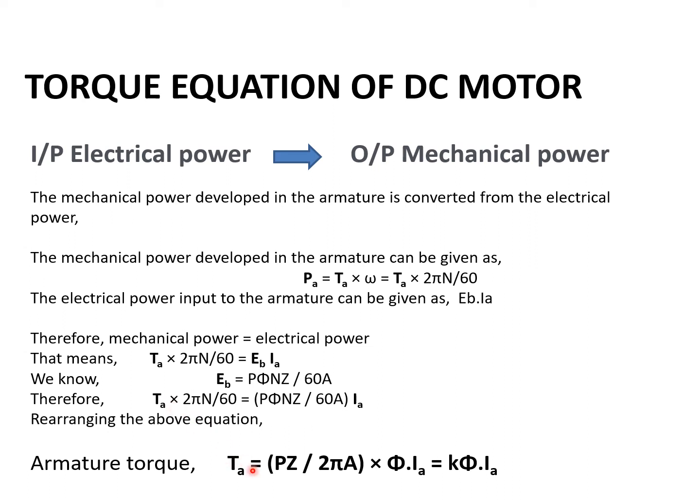So armature torque equals P Z upon 2 pi A into phi into Ia, where P is the number of field poles, which remains constant, and Z is the number of armature conductors, which also remains constant once you design a machine. 2 pi into A is also constant, since depending on wave winding or lap winding, A will be a fixed constant. So this factor is a constant, indicated by K. Armature torque is proportional to the product of flux and armature current. So this is the armature torque.